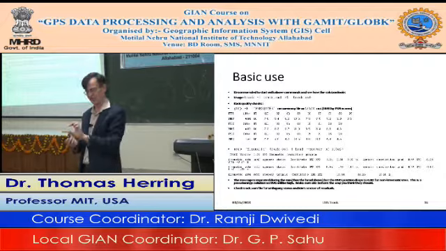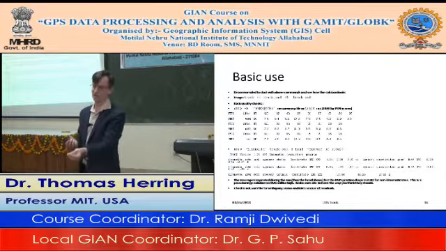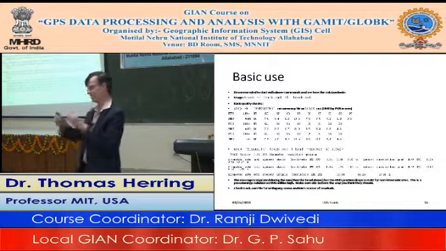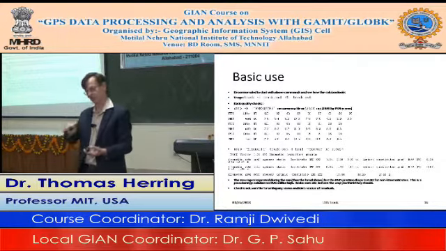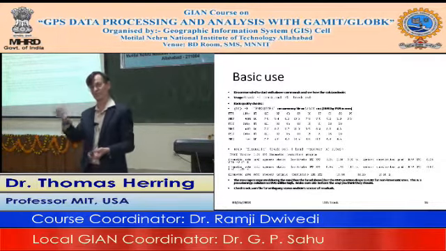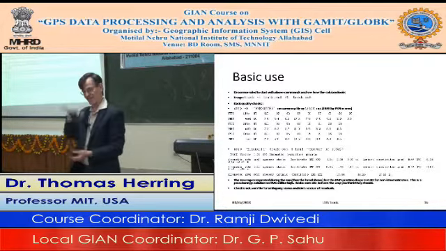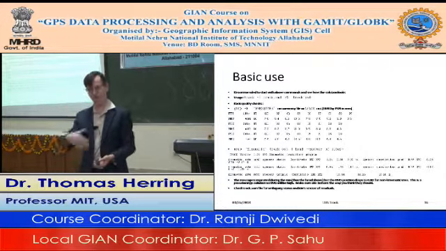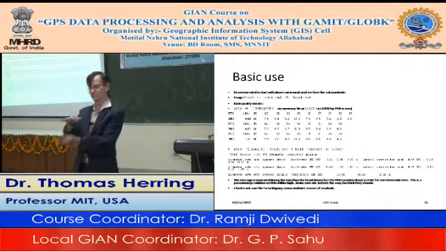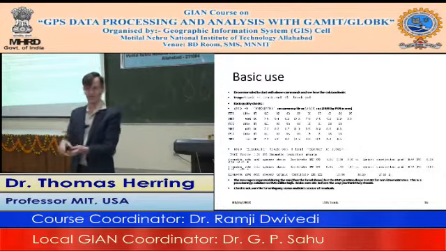Someone might decide, well, it said the relative rank wasn't good enough, but I think it is good. So you can take that ambiguity file and change the status of an ambiguity from not fixed to fixed. Then you can feed that file back into track and run the solution again with those ambiguities fixed.